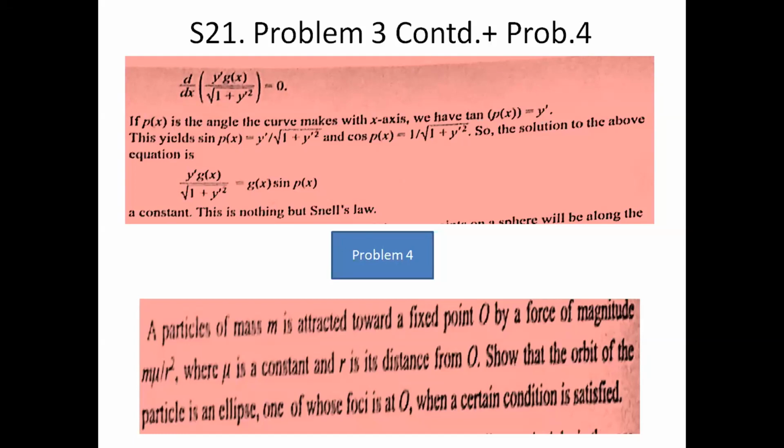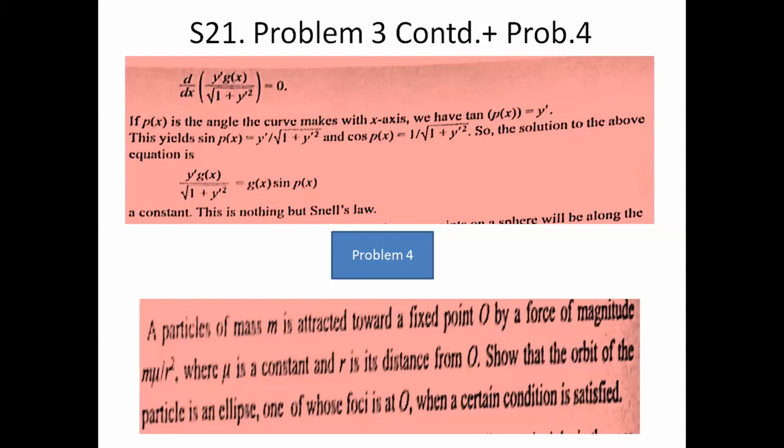Then we discussed problem number 4, wherein I have taken a very important problem, I believe. I have a particle moving under a central force. A central force, I'm sure all of us know, has to be in the radially inward or radially outward direction, and the force has to be a function of r with r cap of plus or minus sign.